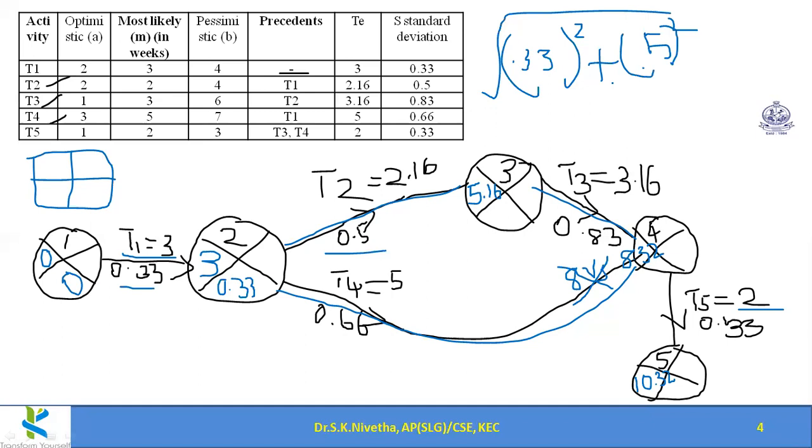Can anyone calculate and tell? I'm not having the answer. 0.33 whole square plus 0.5 whole square.